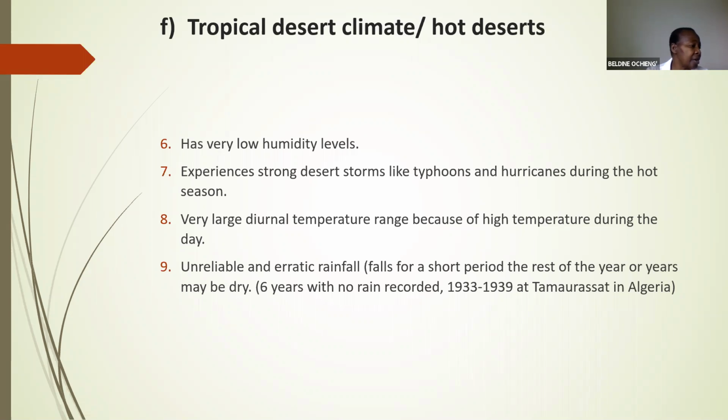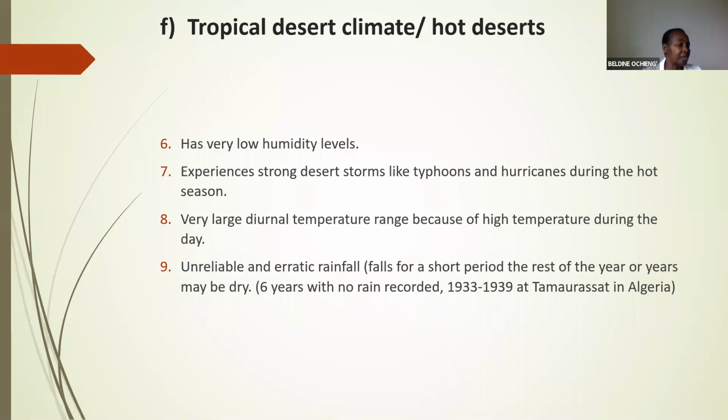Unreliable and erratic rainfall falls for a short period of time. And it may fall in 1 year, then it takes several years. Like we have a case here where it was seen after 6 years. From 1933, then it falls again in 1939 at Tamarasat.